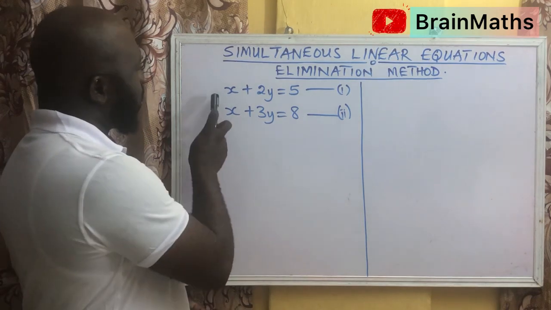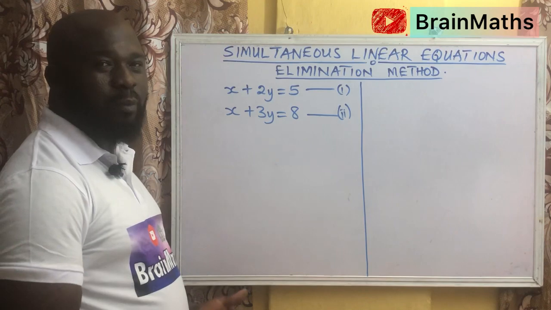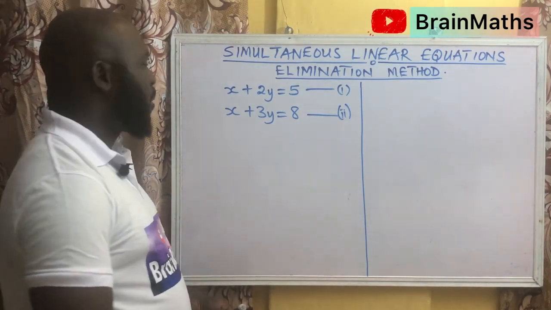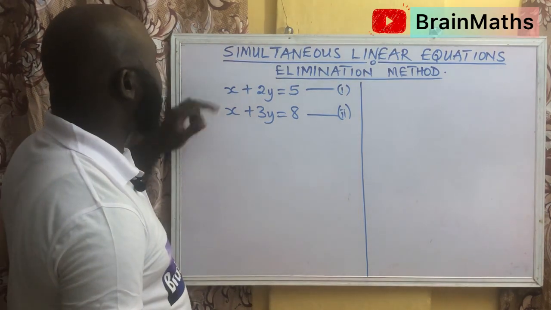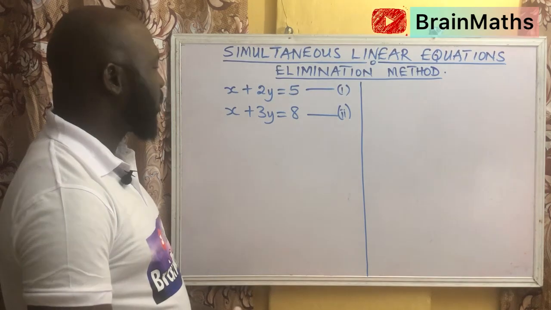If we say x plus x, that is going to increase the value of x. That is going to give us 2x. But if we bring minus here and we say x minus x, that is actually going to give us 0.